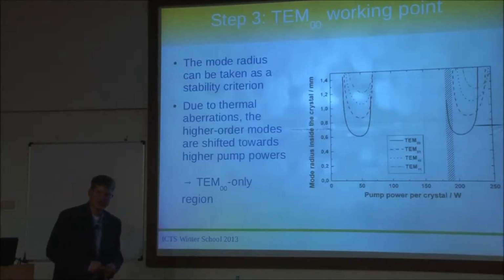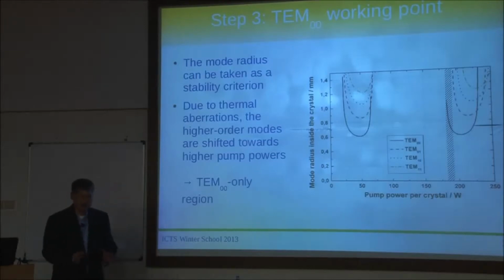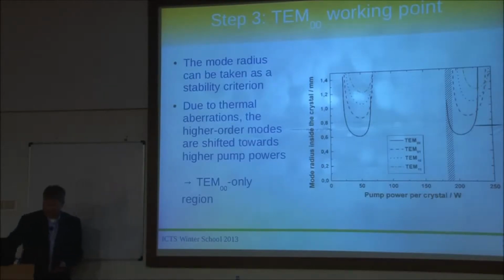As I said, I'm going to comment on that in another lecture, but the key point is that you end up with a certain region where only the fundamental mode is stable. So here, in this marked area, you have a region where the fundamental mode is stable, which is this black curve here. All the other modes are not stable yet. And that's picked as the operation point for these kind of systems.